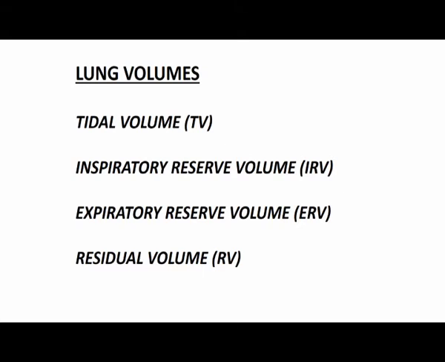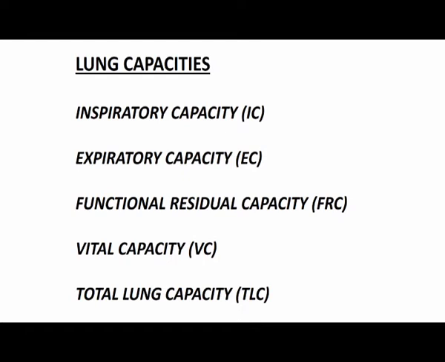Next is inspiratory reserve volume, IRV, expiratory reserve volume, ERV, and then residual volume, RV. So, these are the lung volumes. In the next slide, we have lung capacities: inspiratory capacity, IC, expiratory capacity, EC, functional residual capacity, FRC, vital capacity, VC, and total lung capacity, TLC.